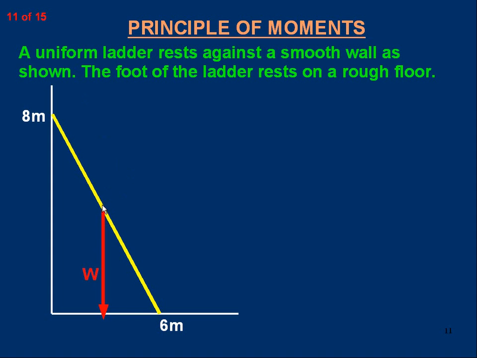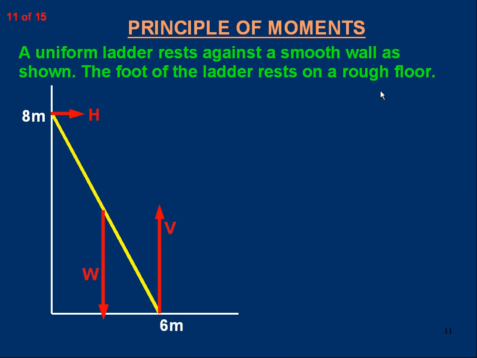Any other forces? Well, if you look at the top of the ladder, there is the normal force from the wall, stopping the top sinking into the wall. I'll call that force H for horizontal, because it acts horizontally. What about the bottom of the ladder? Well, there's a normal force from the floor. I'll call it V for vertical. The ladder isn't sinking into the floor, it's a normal force, the vertical supporting force.